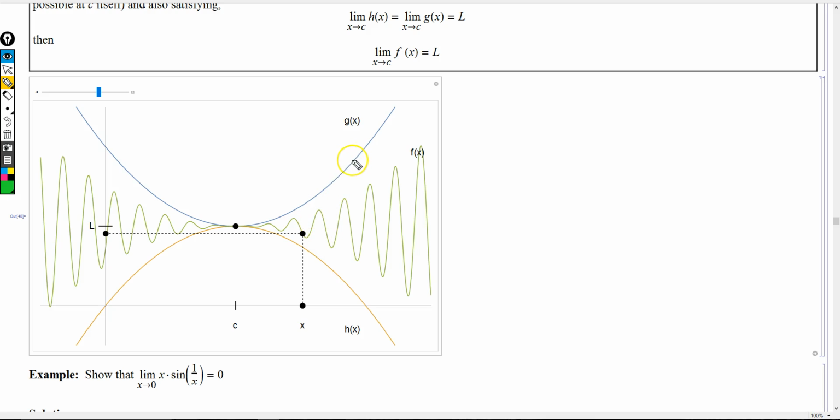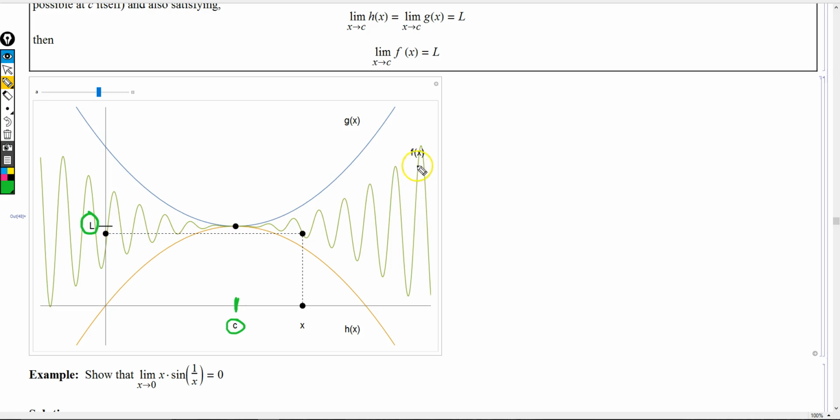And also notice that we have c down here on the x-axis and L over here on the y-axis, and for both g and h, as x approaches c, g and h are both approaching L right there.